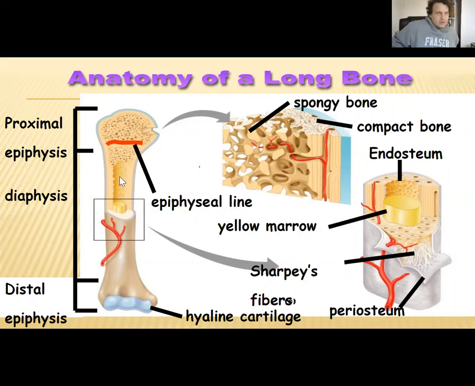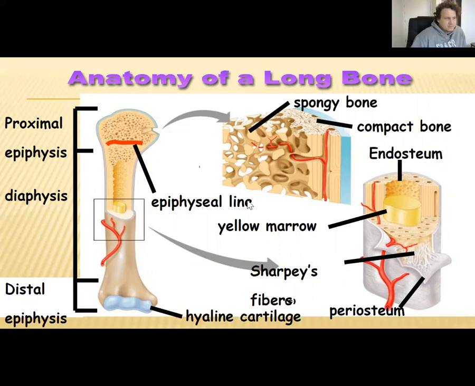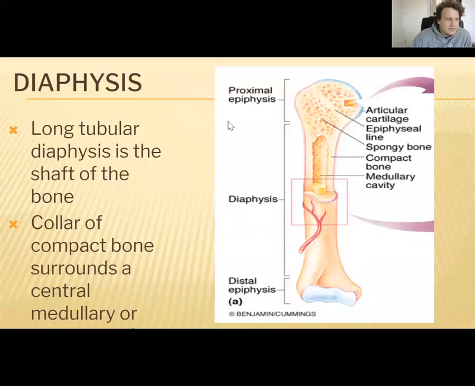So we have this yellow bone marrow here that produces blood cells. The diaphysis, which is the middle part, is called the shaft of the bone. Then we have the proximal, the closest to the joint, and the distal epiphysis.